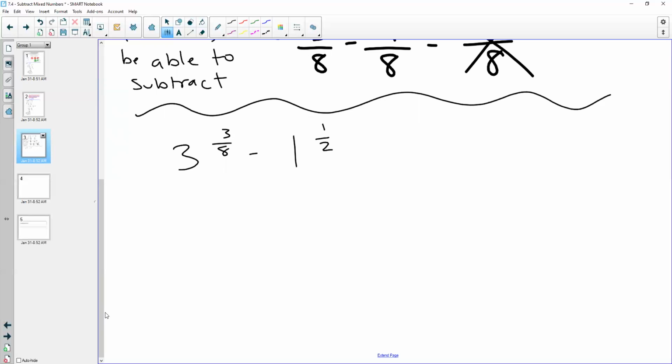So what I'm going to do here, I'm going to multiply the whole number by the denominator.